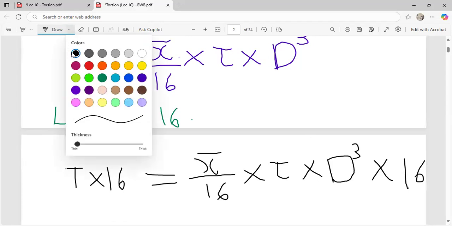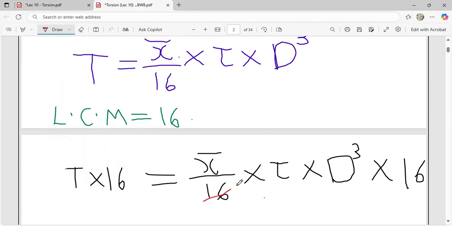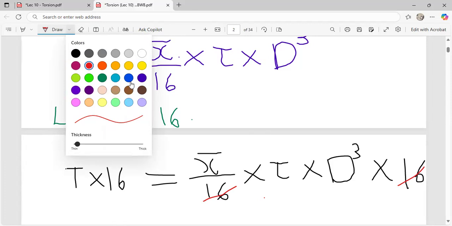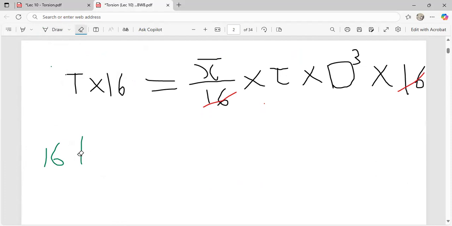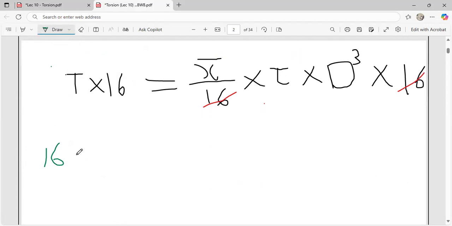From here, you realize that this 16 will cancel this 16. From there, we are going to get a relation such as 16T.